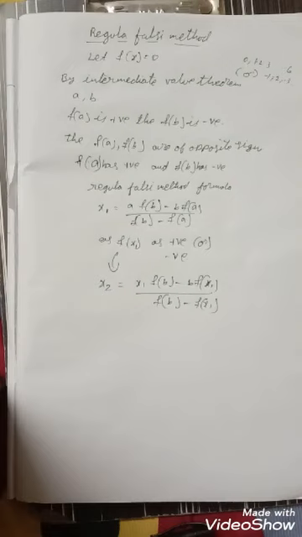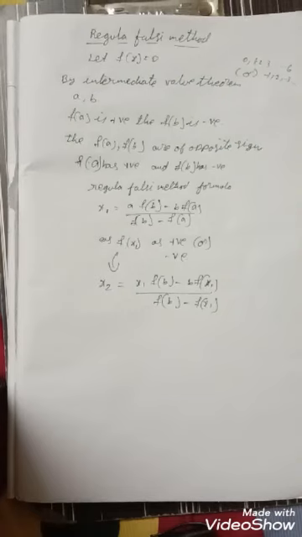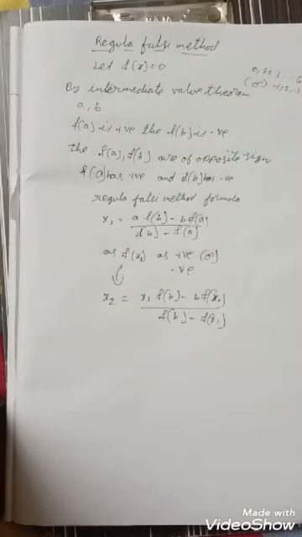We consider a comma b as the most recent positive and negative values, and repeat the process until we get the desired degree of accuracy for the root. Let's take an example to see how the regular falsi method is used to find the approximate root of an equation.